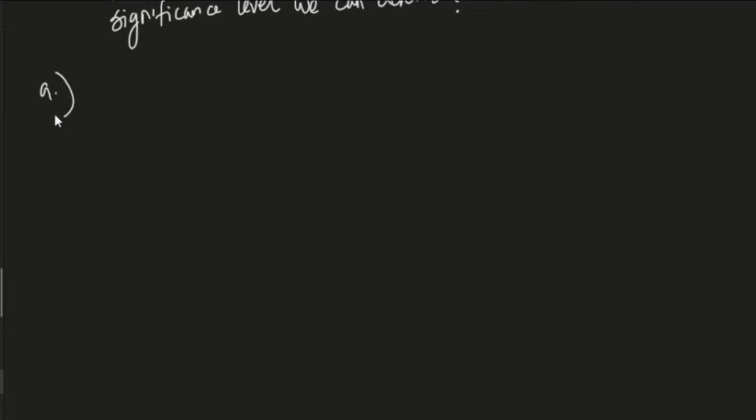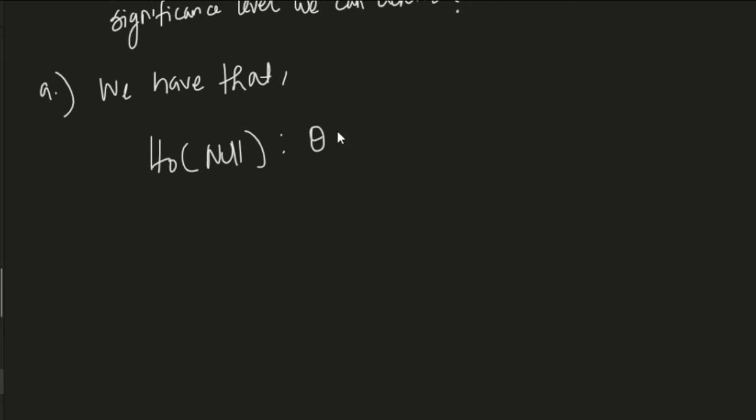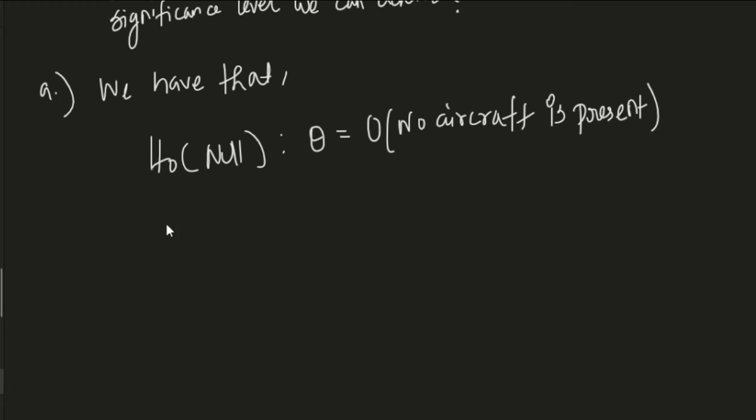Part A, we have that H naught, which is the null hypothesis, can be written as theta equals 0, that is, no aircraft is present.